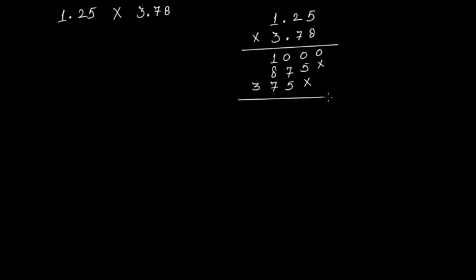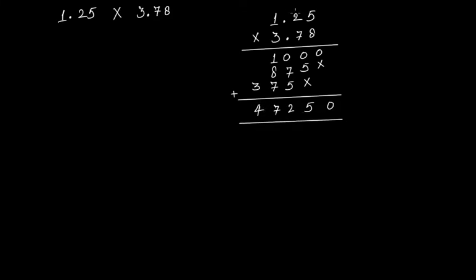Now you have to add these. 0, 5, 12, 1 got carried over here, 8 plus 1, 9 plus 1, 10, 17, and this is 4.